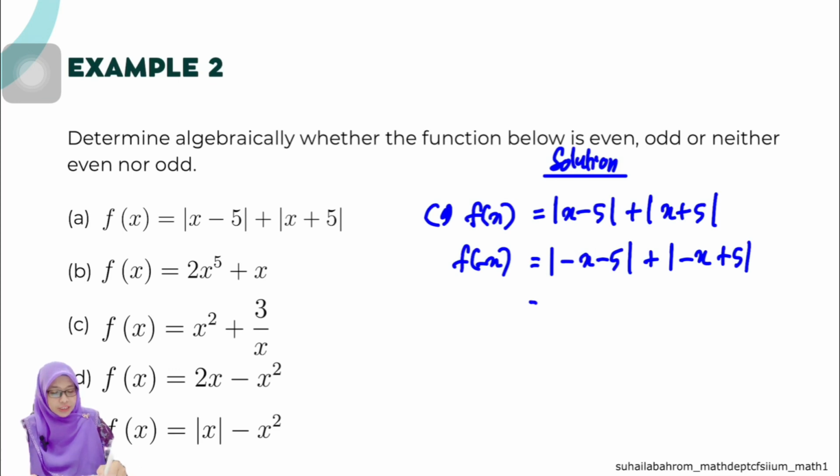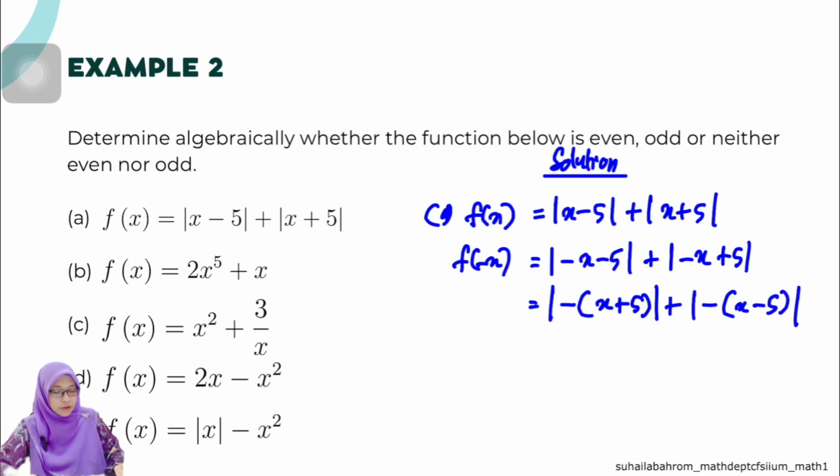Next, we factor out the negative inside the modulus sign. You will get the modulus of negative (x plus 5) plus the modulus of negative (x minus 5).